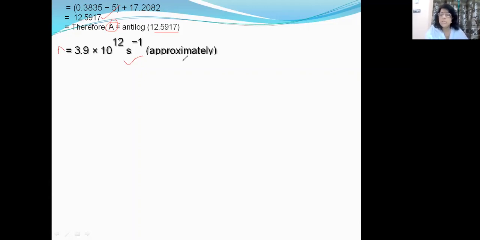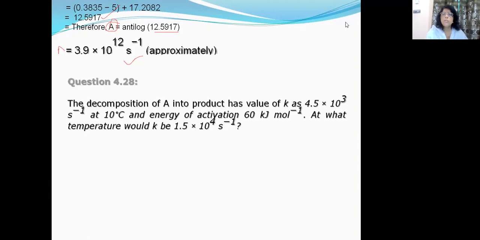The answer may be somewhat different from the answer given in the NCERT, but it doesn't make any difference. Okay, I hope it is clear to all of you.